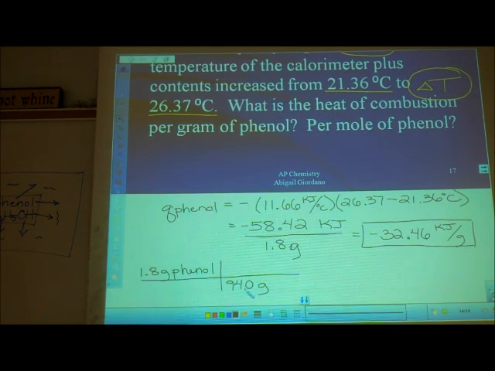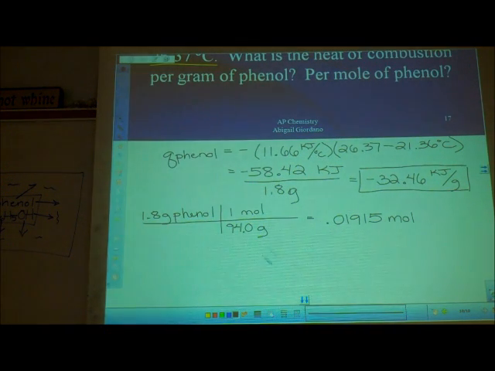Molar mass off the periodic table. Then what? Which number do I divide? Okay, this one.